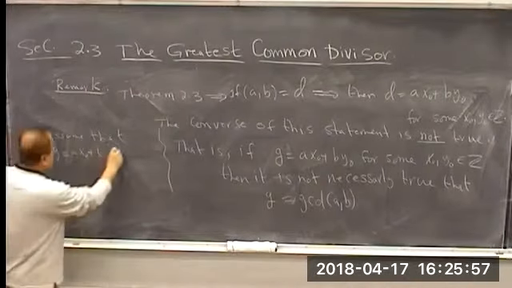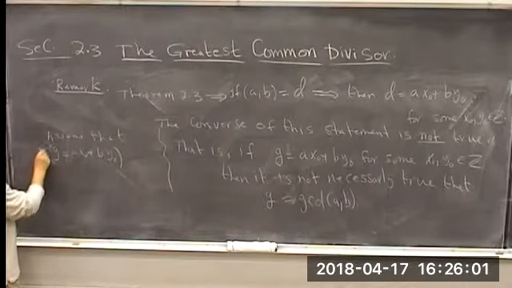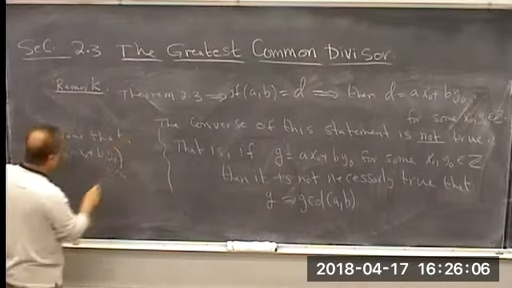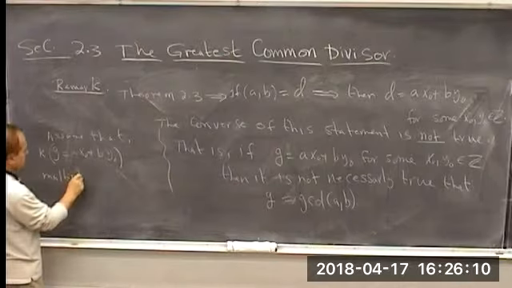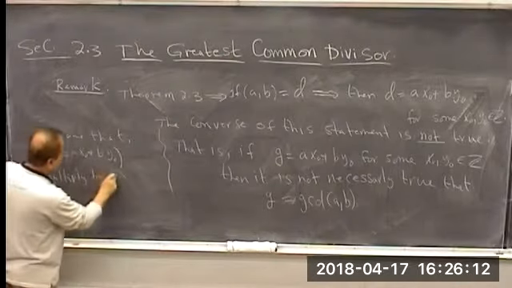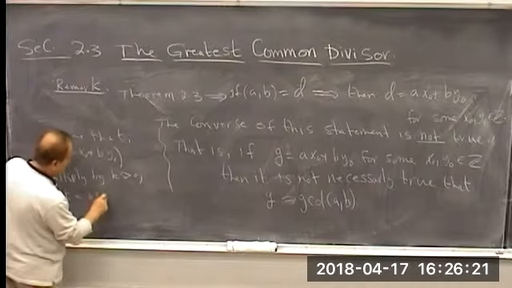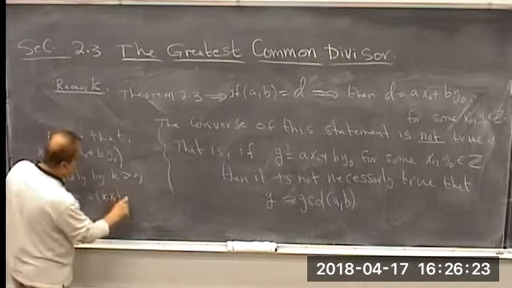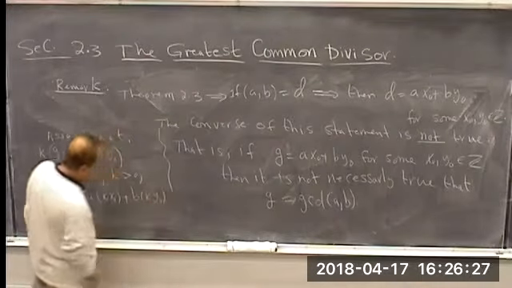If I multiply both sides of this equation by K, where K is a positive integer, this would imply that GK is equal to A KX sub 0 plus B KY sub 0.